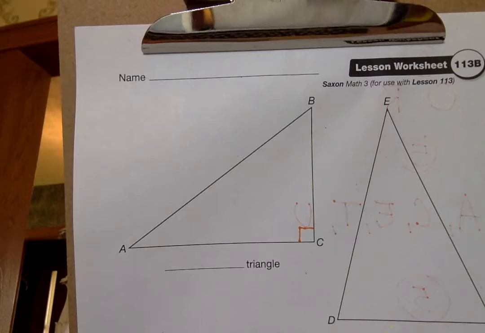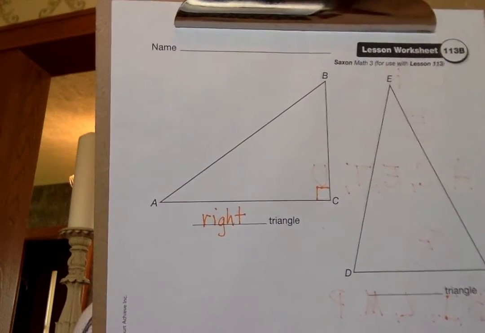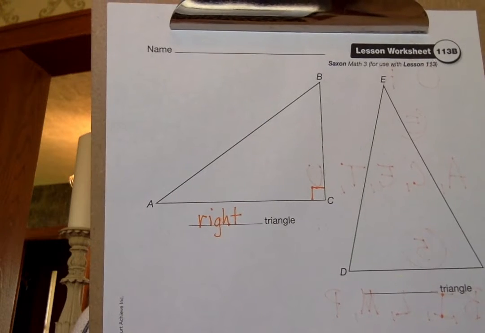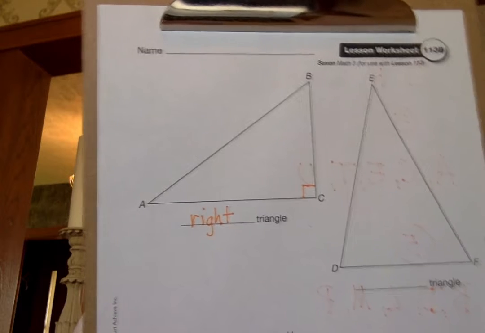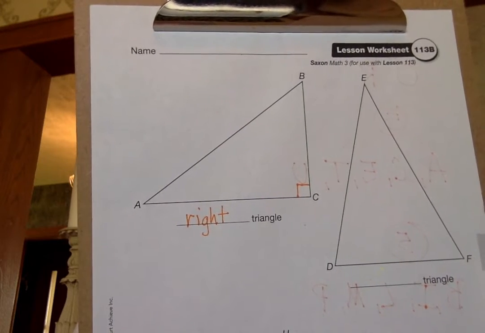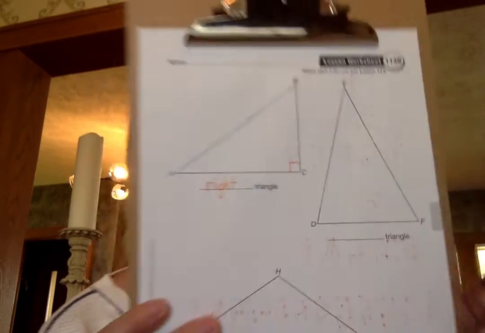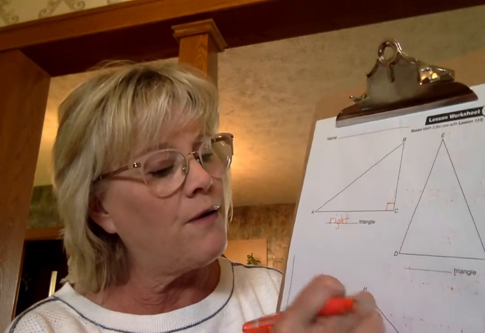What do we call a triangle that has a right angle? It's called a right triangle. If a triangle has an obtuse angle, it's called an obtuse triangle. Which angle looks like it might be an obtuse angle? Right, H. Let's put our square in there.